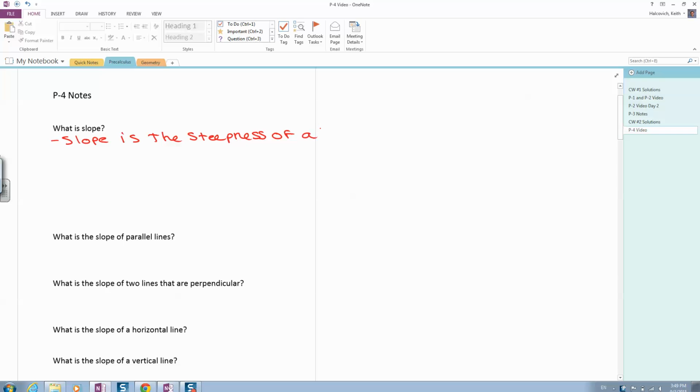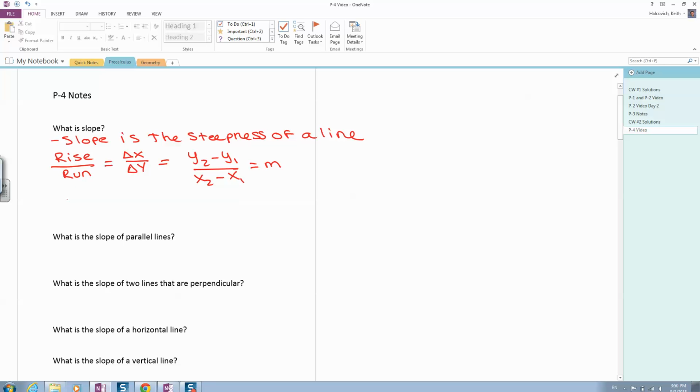And most of you, when you think of the equation for slope, you think of rise over run, or the change in y over the change in x, which is defined as y2 minus y1 over x2 minus x1, and that we use the letter m for slope.